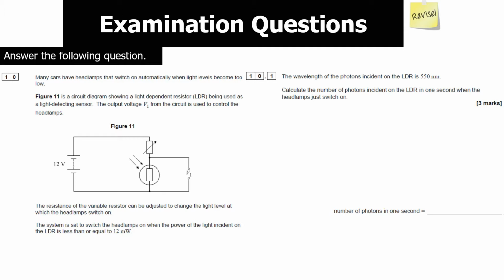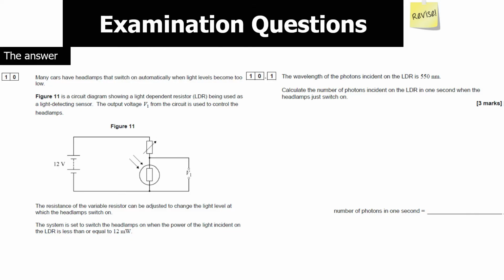The system is set to switch the headlamps on when the power of the light incident on the LDR is less than or equal to 12 milliwatts. The wavelength of the photons incident on the LDR is 550 nanometers. Calculate the number of photons incident on the LDR in 1 second when the headlamps just switch on. So pause the video now, then unpause the video when you want to go through your answer.